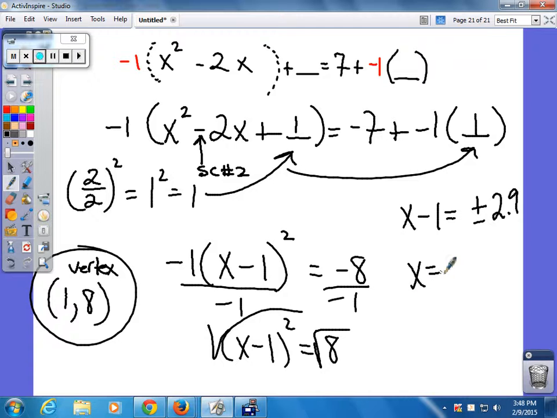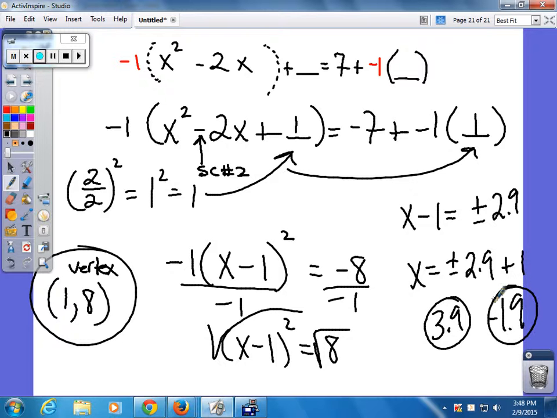X is equal to positive or negative 2.9 plus 1. That gives us 3.9 and a what? Negative 1.9. What's our x-intercept? What was our, to begin with, -7? That's our y-intercept.